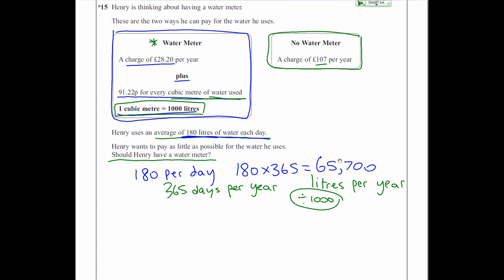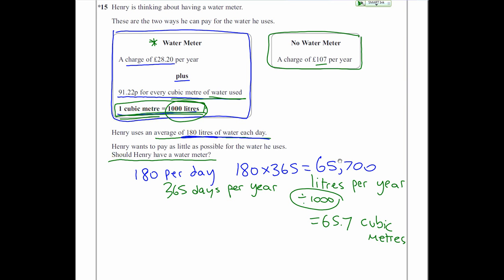Okay, so divide by 1,000. 65.7 cubic meters. Okay, that is using this conversion. If you know how many litres, divide by 1,000, you get how many cubic meters.